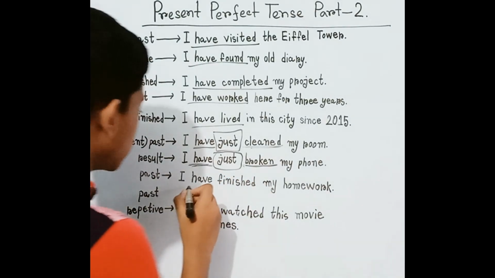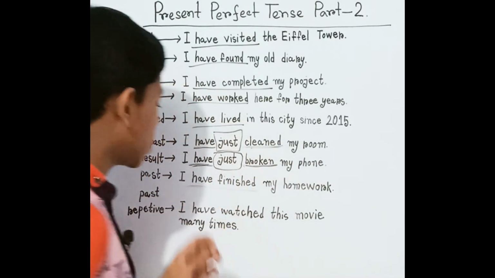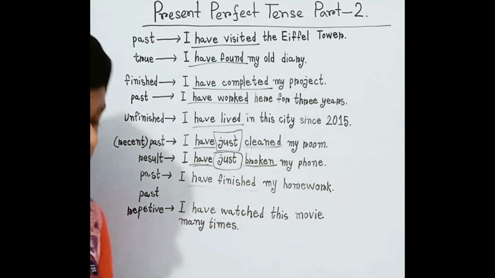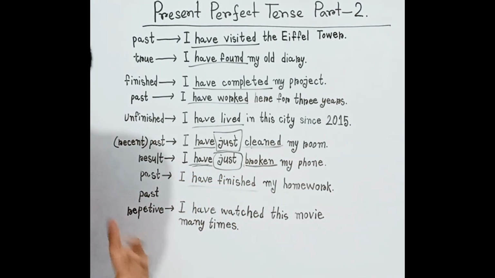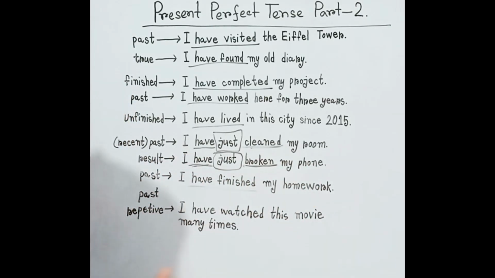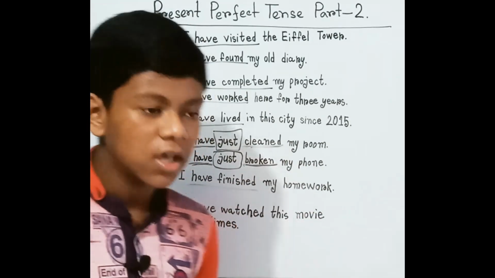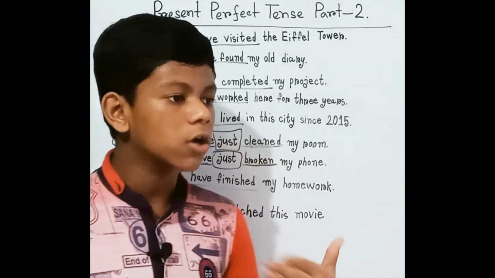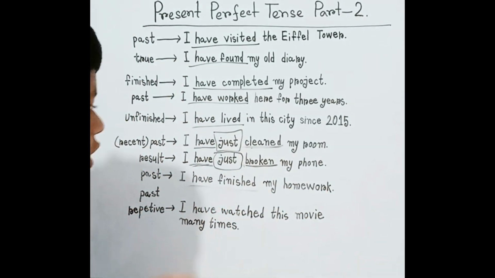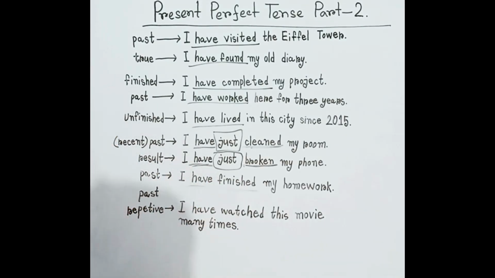Here, I have finished indicates that your work is already finished, and you have already finished your homework, so you don't have to do it. You are not upset or worried that you have to do it right now, because your task is done. So we can use this tense.